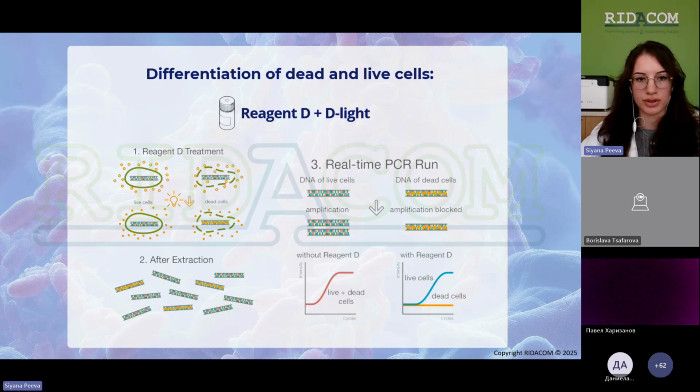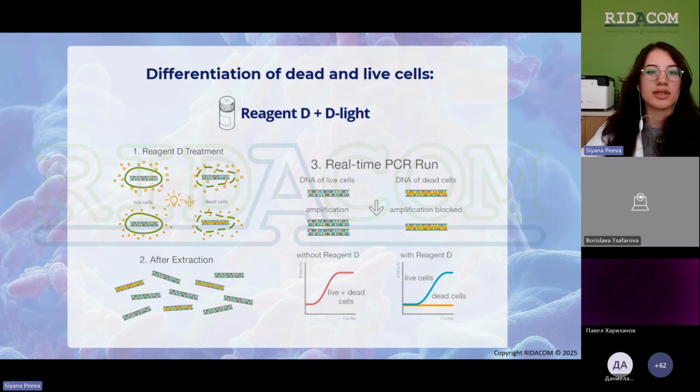So how do we perform the differentiation of dead cells, which cannot cause infection, and the live cells, which are the ones we need to have results for because they're the real danger in our water? Here we can simply use the reagent D and the light. It's a very simple procedure.